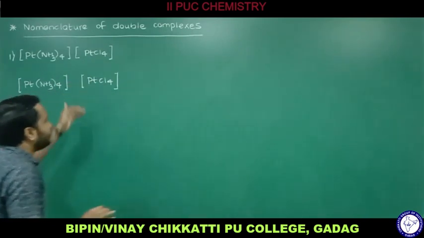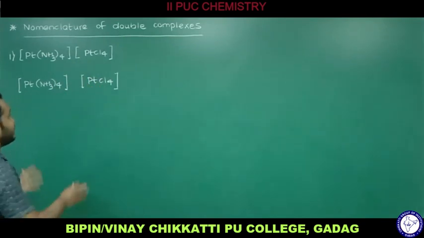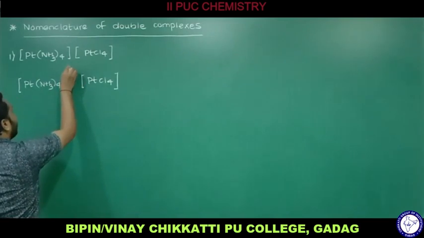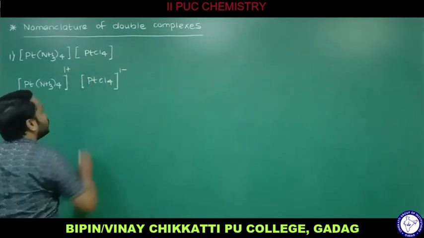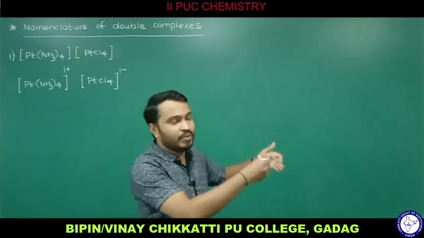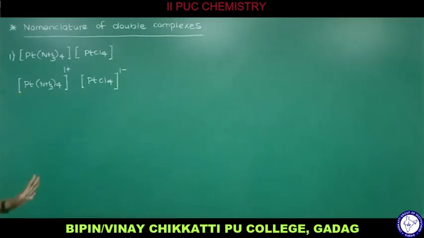I will start with 1 because the charge would never be 0, because that would be neutral, in the case of double complexes cationic and anionic. So initially I consider 1 plus and 1 minus. Similarly next we will see 2 plus and 2 minus, then 3 plus and 3 minus, 4 plus and 4 minus. We will calculate the oxidation number of platinum.